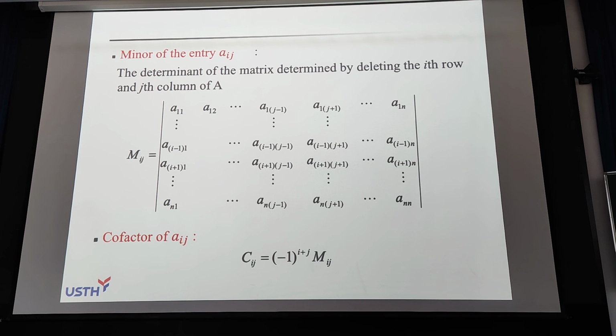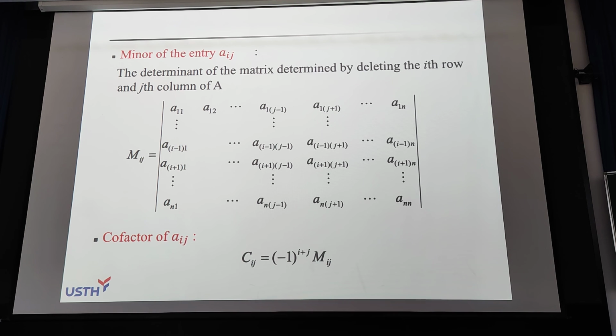If you take a look in the Vietnamese textbook, it calls it phần phụ đại số or something. So we have M_ij, the minor, and the cofactor is C_ij. Once again, remember, the minor is a number, and the cofactor is again a number. Định thức con cũng là số, phần phụ đại số cũng là số.